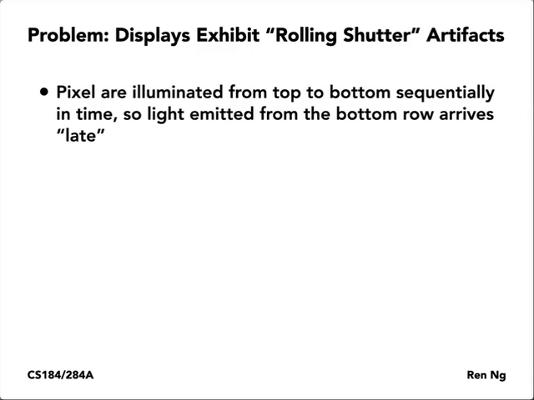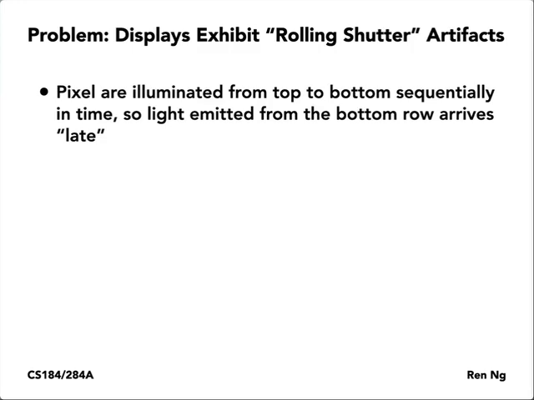And in displays, it's really more like a rolling backlight, maybe a more accurate way to describe it. But mathematically, it's for the same reasons as rolling shutter in sensors. The problem is that the pixels in these displays are illuminated from top to bottom sequentially in time. It's because they have to refresh the memory, and that's a sequential process for driving each of these things.